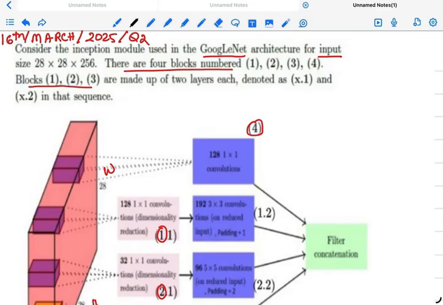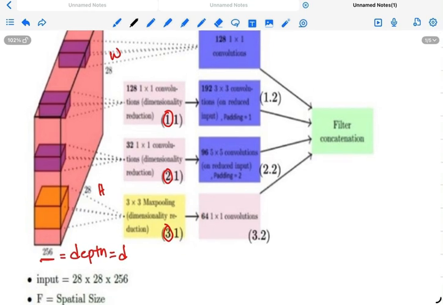Blocks 1, 2, 3 are made up of 2 layers each. So block 1 is made up of 2 layers. This is layer 1, layer 2, that is 2.1, 2.2, the second layer. This is 1.2, which represents the first layer of block 1. So this one is block 1.